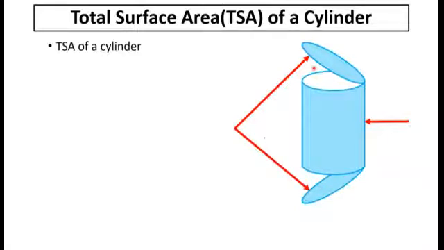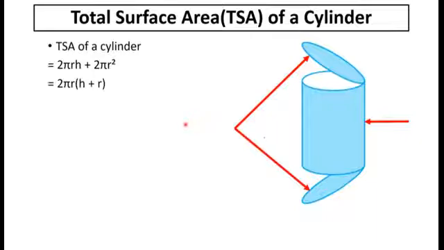So TSA of cylinder is given by this curved area and both covers at the top and bottom. For curved surface area we can write 2 pi rh, and for these two circular areas we can write 2 pi r square.